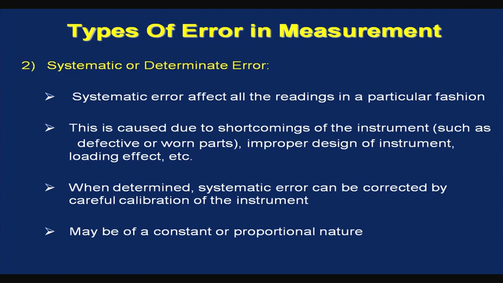This is caused due to shortcomings of the instrument, such as defective or worn parts in the instrument, improper design of instrument, loading effect, etc. However, systematic errors are usually recognizable. So, when determined, systematic error can be corrected by careful calibration of the instrument.